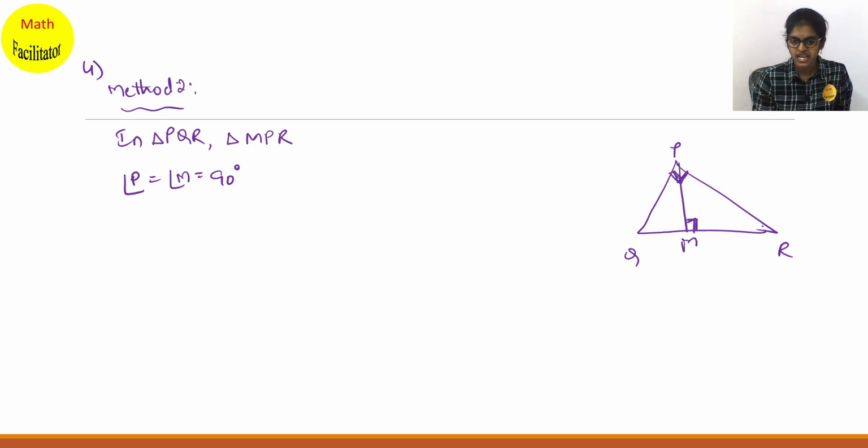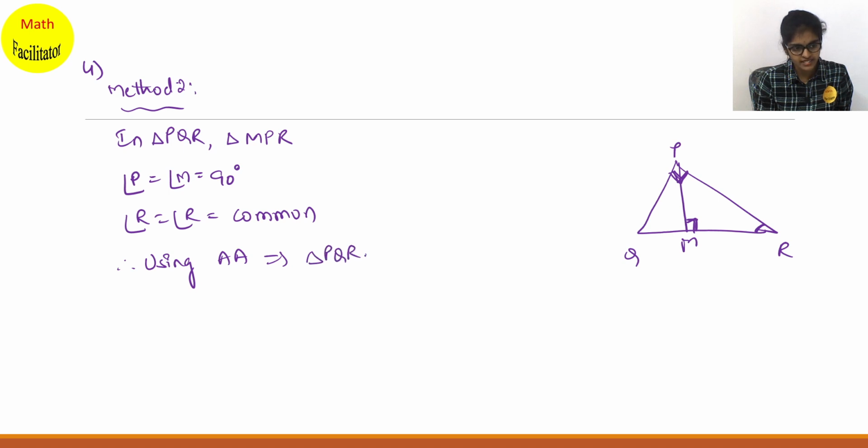And angle R is common in both the triangles, isn't it? So using the angle criteria, I can say that triangle PQR is similar to triangle MPR. So the smaller triangle is similar to the bigger triangle.